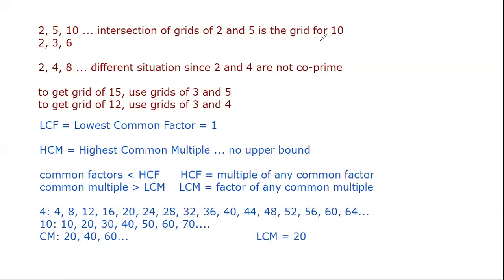If you want to find the LCM of any two numbers, the formula is LCM times HCF is equal to m times n, if m and n are the numbers.